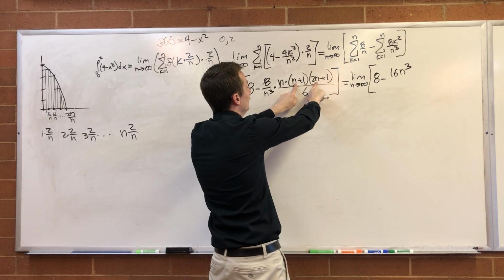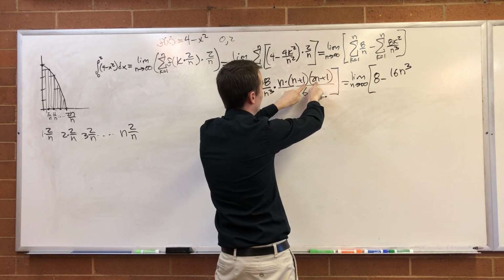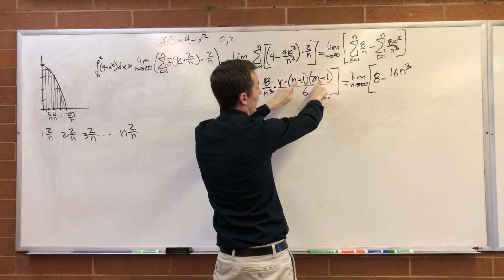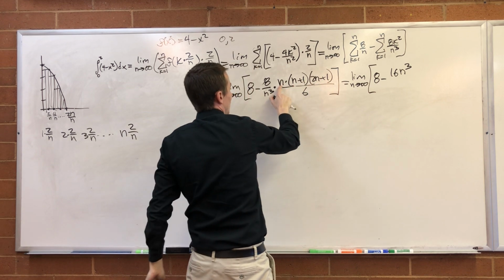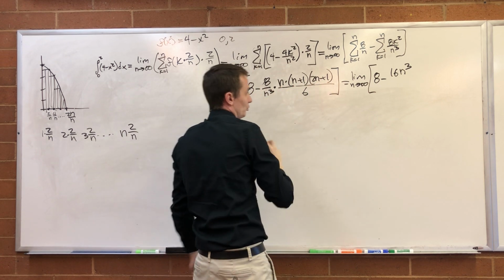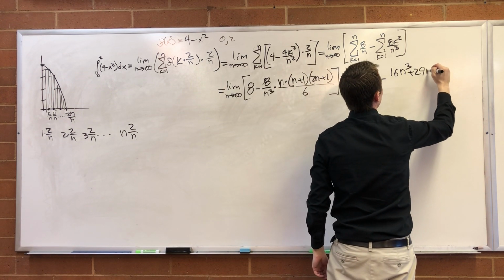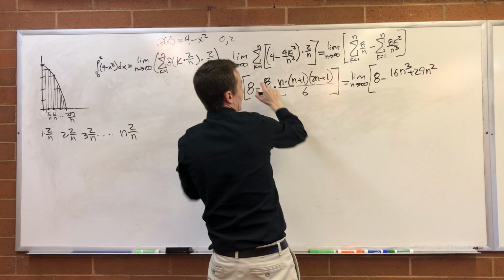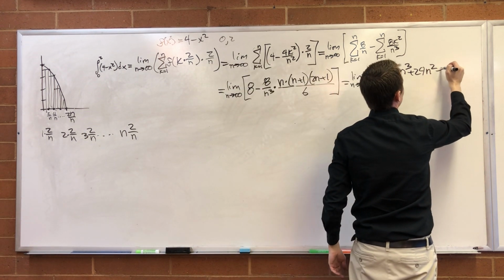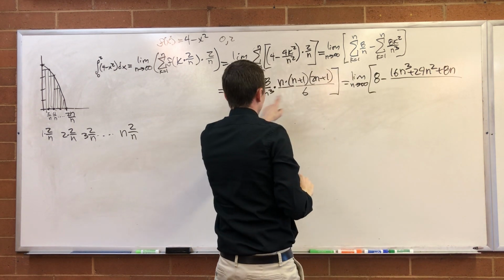Now, when I do these two, I'm going to get 2n, but when I do this, I'm going to get another n, so I get 3n for my n's, but that becomes n squared, so that becomes 24n squared. And then finally for the 1 and the 1, times n times 8 is going to be plus 8n, all over 6n cubed.